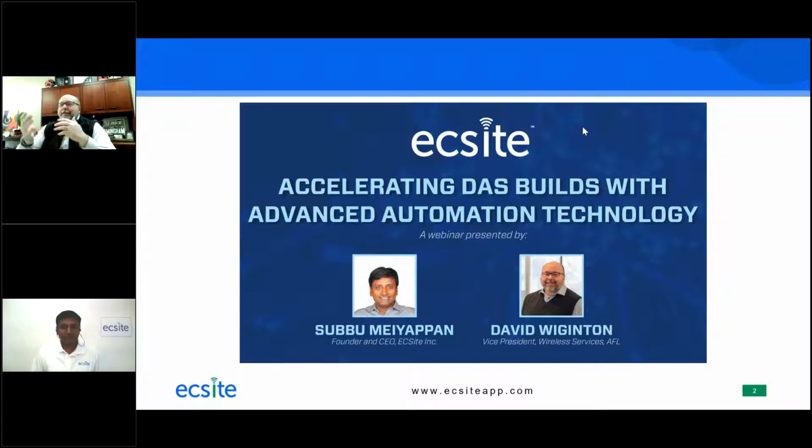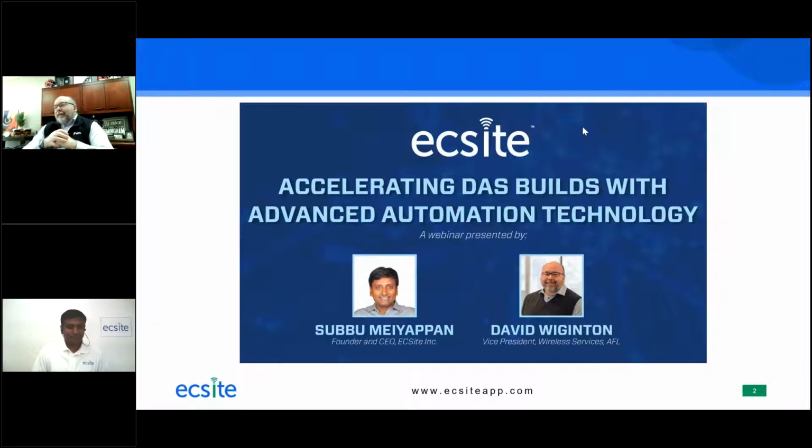So just a little bit about Subbu. He has been in the wireless industry for over 25 years, and he's had a lot of positions with companies like Cisco and Philips and Qualcomm. On the side, he developed quite an extensive portfolio of technology advancements and has, I believe, over 30 patents in this field, both in the US and international.